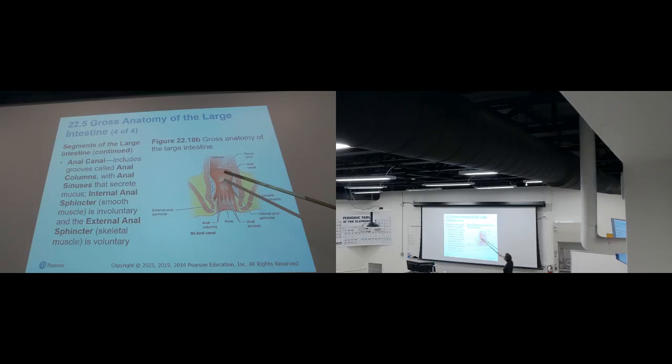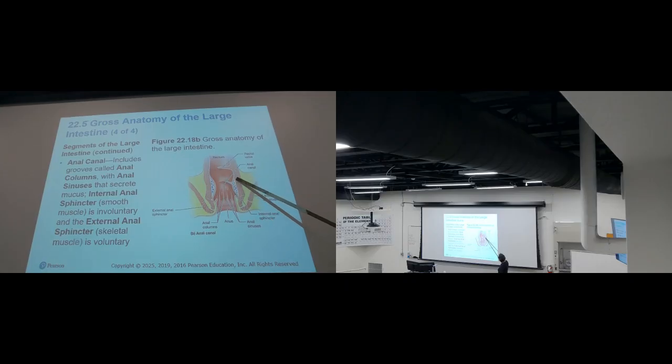And then details about the anal canal. So here is the rectum. Here we have valves in the rectum. And then here in the anal canal, we have these anal sinuses in between these anal columns. And then we have a transition of epithelium.